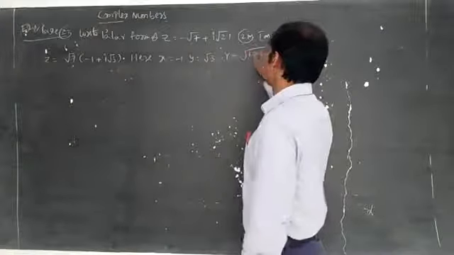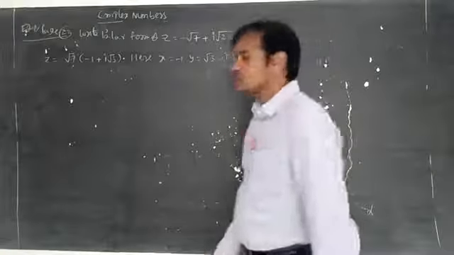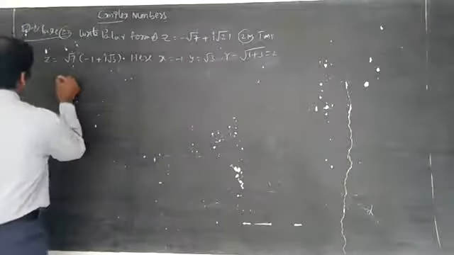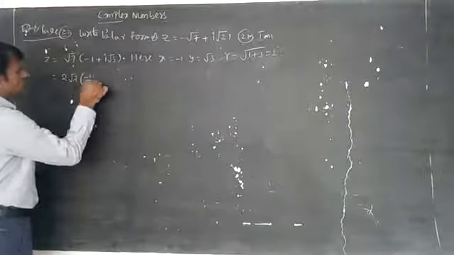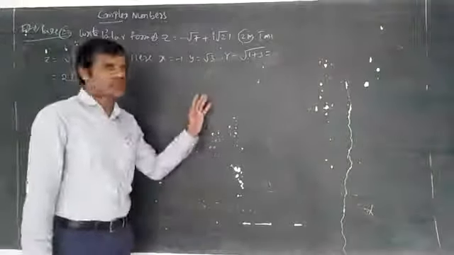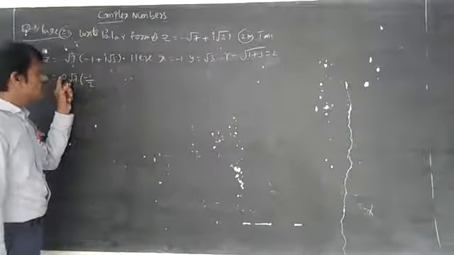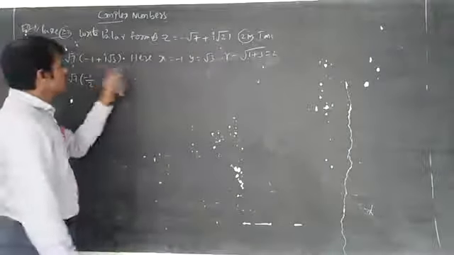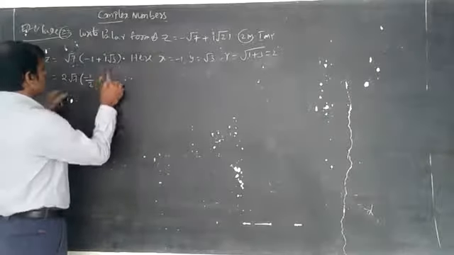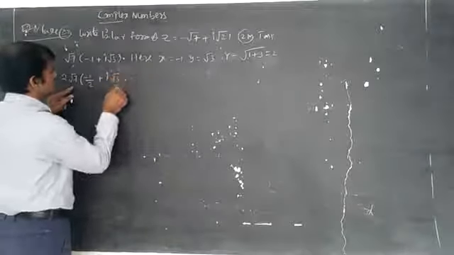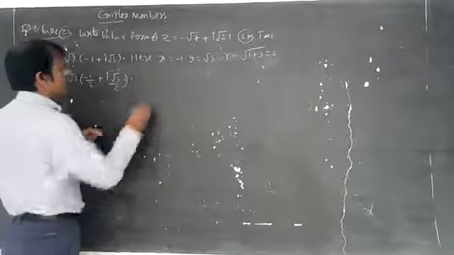So root of 1 plus 3 is equal to 2. So you can write directly here root 7 into 2 into minus 1 by 2. No need to write x by r like this. Whenever you are multiplying with 2, you can divide with 2. In the concept you will be getting the mod amp form as 2 root 7 into minus 1 by 2 plus I root 3 by 2.